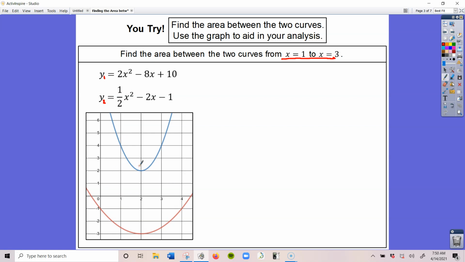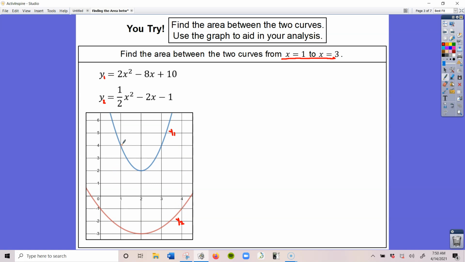Now it may be difficult for you to identify, but basically if I look at the x squared here, the number that is attached to it will tell you how narrow it is. The larger the number, the more narrow the parabola. This is a 2, and this is 1/2. So y1 is going to be more narrow than y2. So that would mean that y1 is this blue function here, and y2 would be the red function.